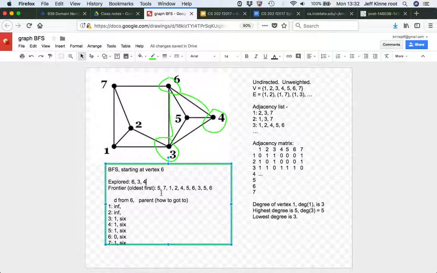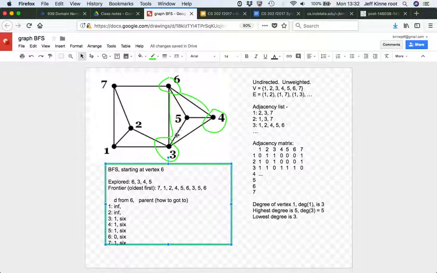Next thing to do is take 5 off of the frontier, put it onto the list that we're already done with, and check its neighbors. So if we look at the neighbors of 5, we've got 3, 6, and 4. Let's look at 3. So we could get to 3 through 5.